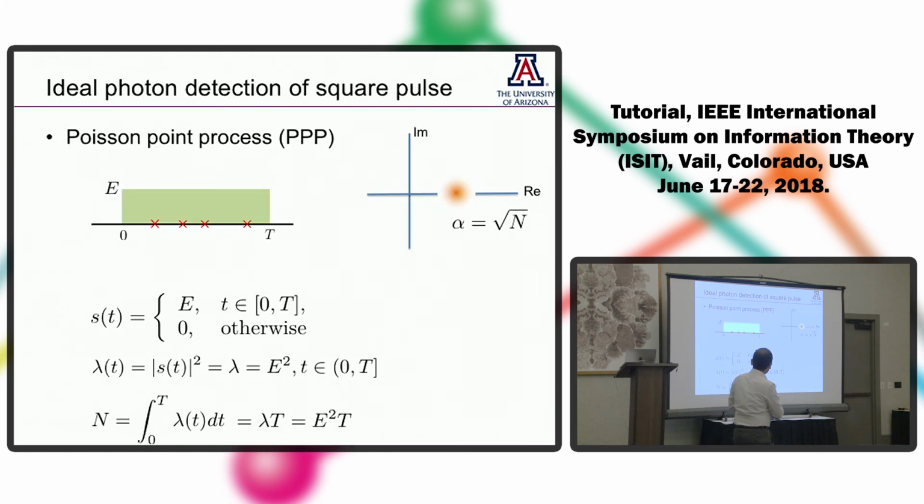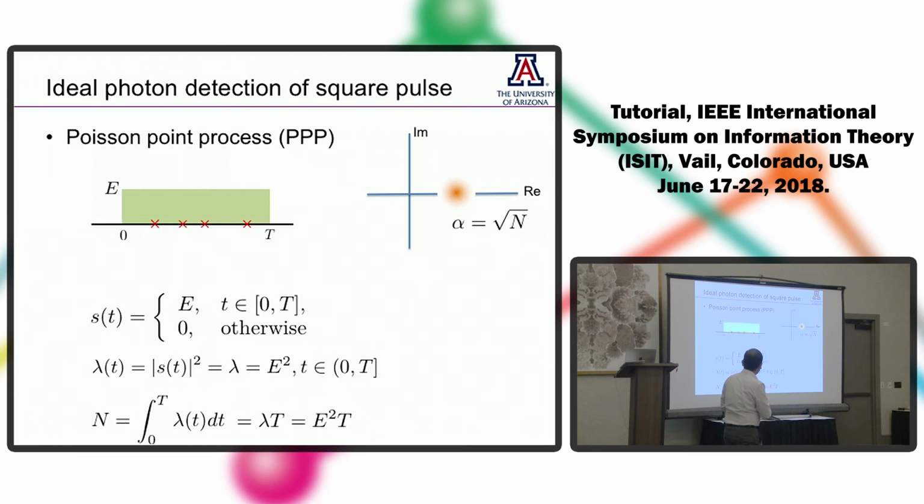Now let's take an example where S of t is actually a square pulse. So E is the fixed value of S of t over time 0 to T, so that your rate of arrivals of the photon clicks is E squared, which is a constant rate, and n is simply lambda T, where lambda is the rate of the Poisson point process, so it's E squared times T. So n is the mean photon number of your coherent state, and the phase I have just drawn such that the phase is 0.